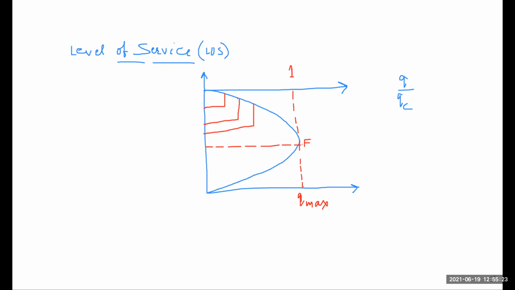So basically we have different factors on which our level of service will depend. First one is your operating speed. If your operating speed is high, then a higher level of service is required on a road. Next one is your travel time.